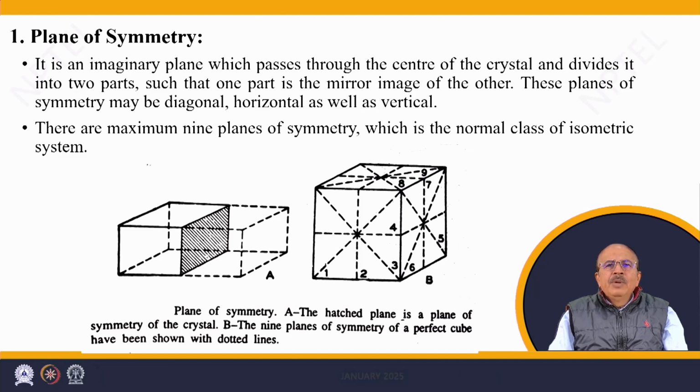There are a maximum of 9 planes of symmetry, found in the normal class of the isometric system. Here you can see the diagram also. In diagram A, the hashed plane is a plane of symmetry of the crystal, whereas in diagram B, the 9 planes of symmetry of a perfect cube have been shown by the dotted lines. So this is about the plane of symmetry.